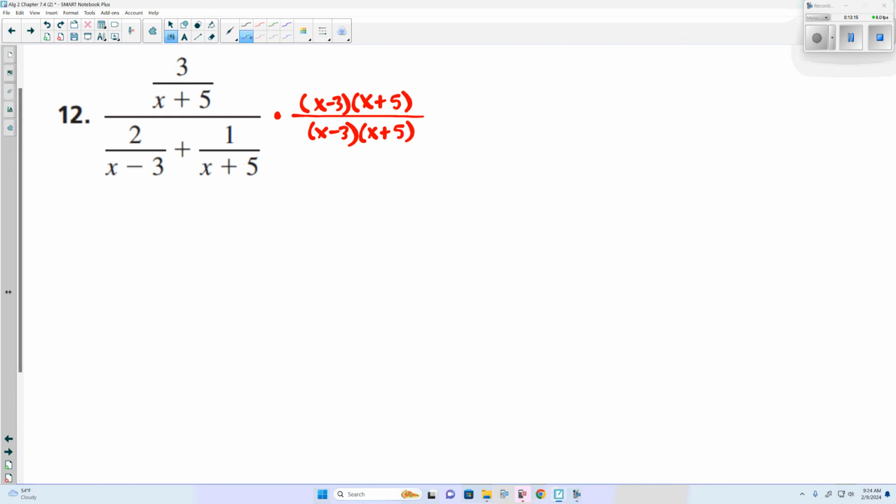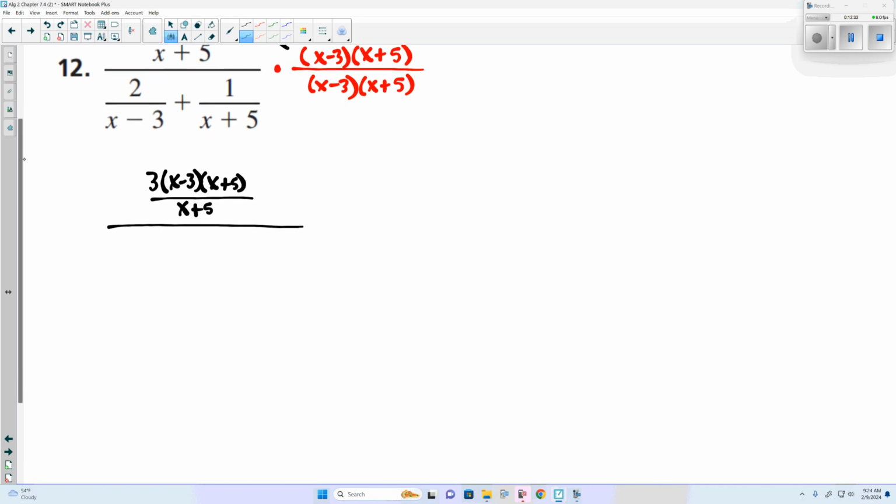Now we multiply our numerator. x minus 3 times x plus 5 times x minus 5, we're going to multiply with our 3. And that takes care of it for now.